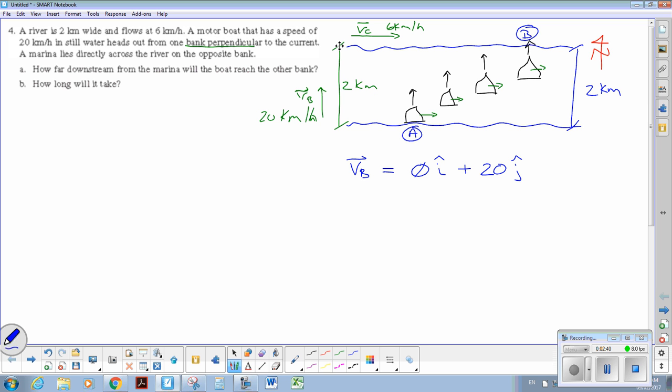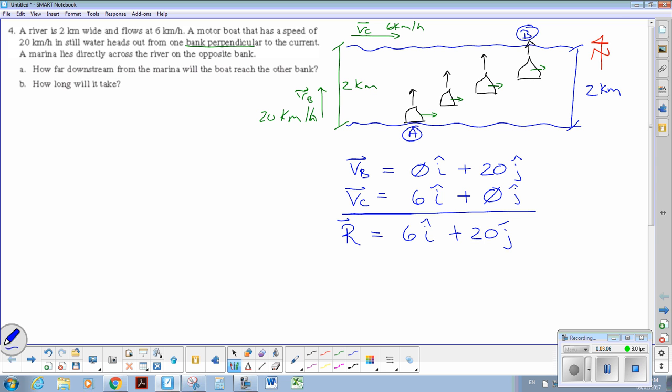It's heading north at 20 kilometers an hour. If we then look at the velocity of our current, it has an east component, so we'll say 6i, but the current is not flowing north or south, so it is 0. So our resultant here is the relative motion of the boat. So the relative motion of the boat is 6i plus 20j.